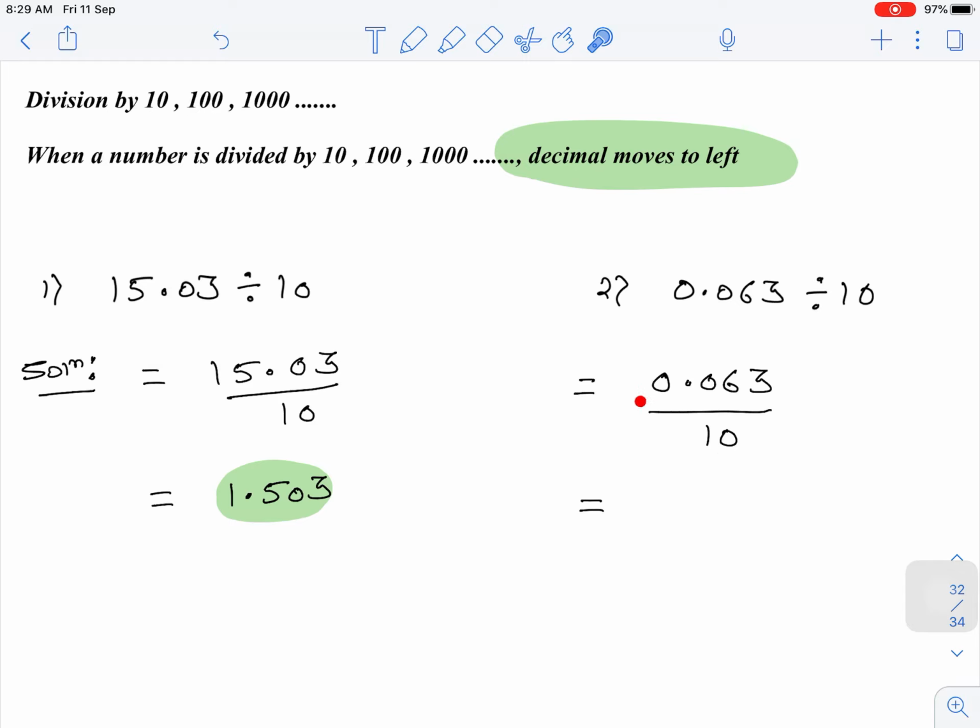Here 10 is there, so this decimal will move one digit to the left. Our original digits were 0063. Now after bringing this decimal here, you will get 0.0063. Before this decimal no digit is there, so we can write here one more 0. So this is our answer.